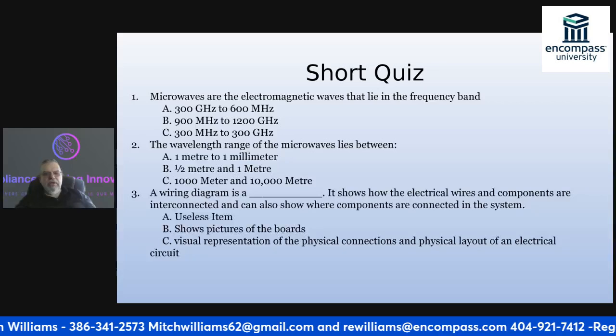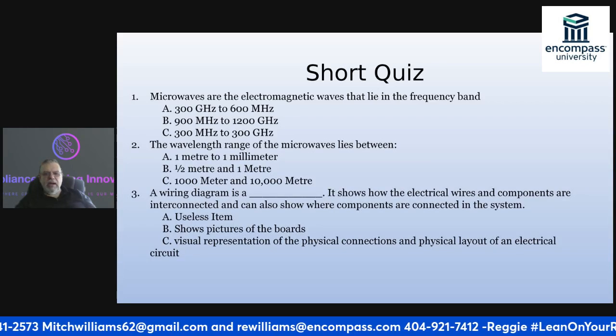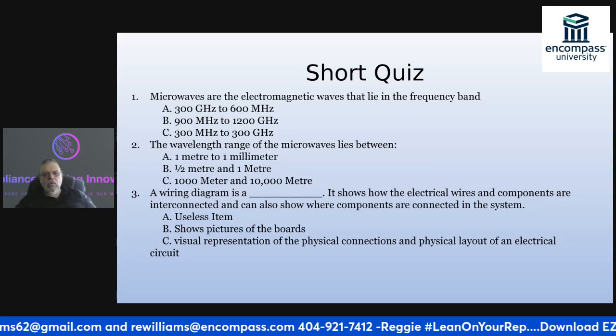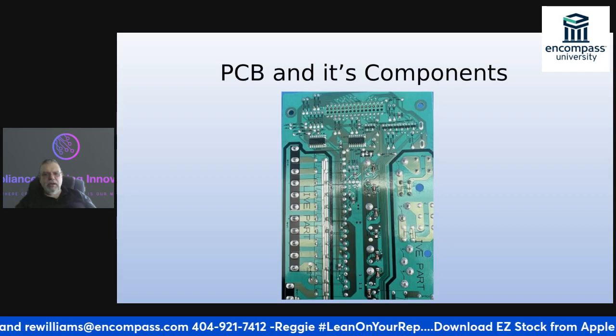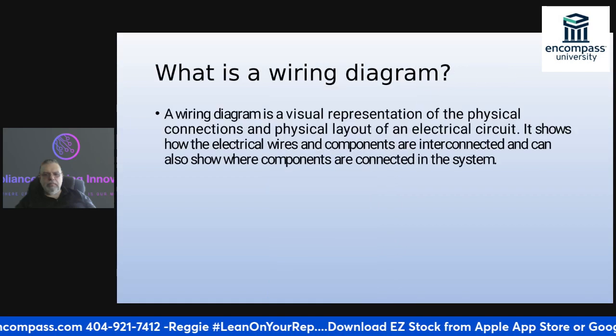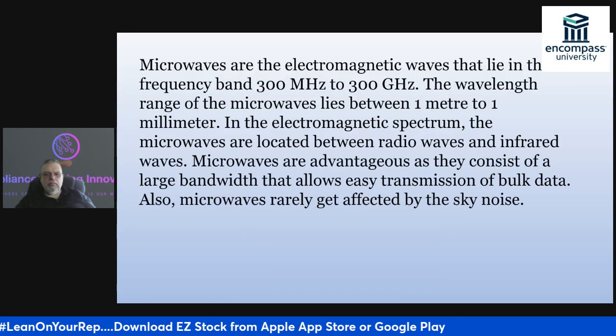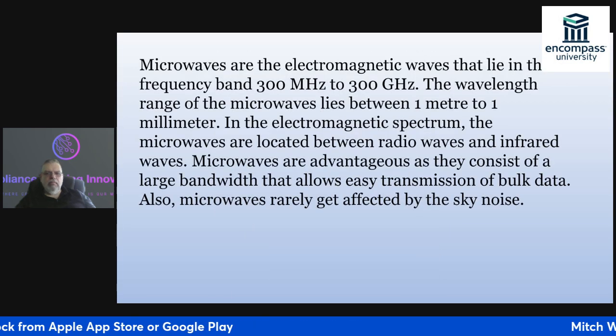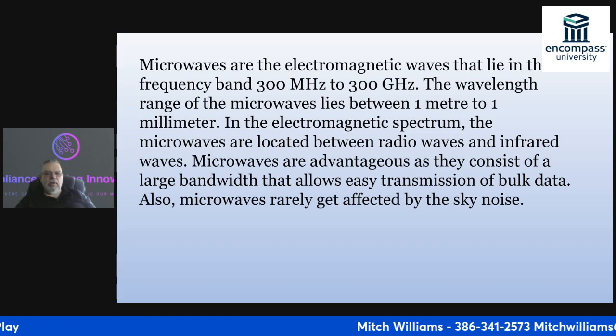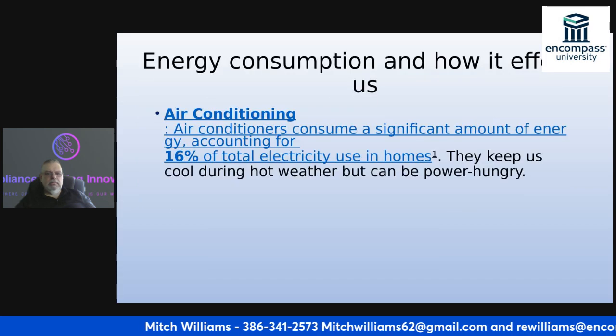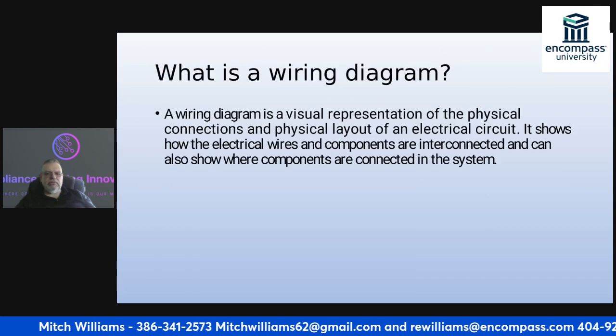This is the wavelength of the microwave. Where was that? I'm going to go back and show you right quick. Okay. It is right here. The wavelength range of the microwave lies between 1 meter and 1 millimeter. So that's the answer to the question.